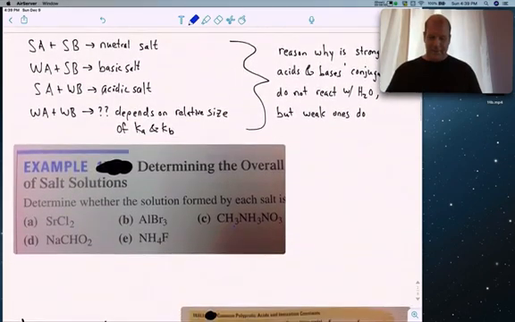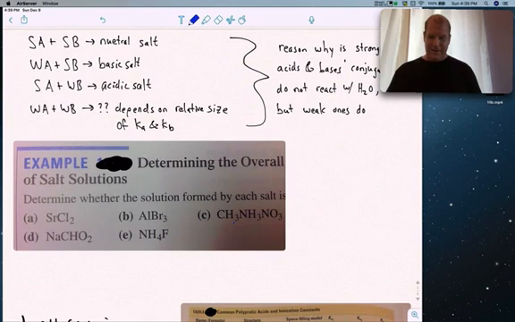And what about those that are anions? What about complete salts? So strong acid plus strong base yields a neutral salt. A weak acid plus a strong base yields a basic salt. Strong acid plus weak base makes an acidic salt.